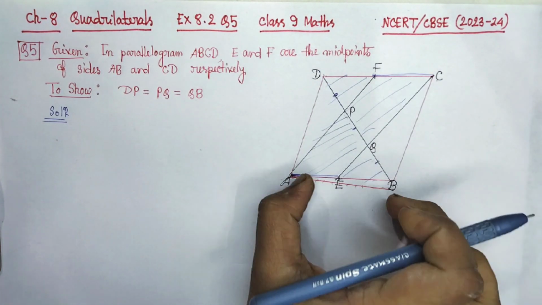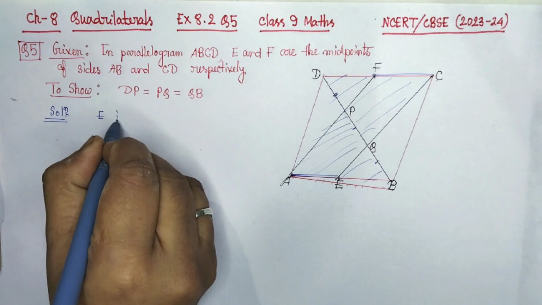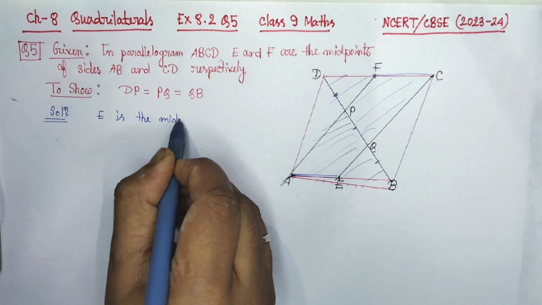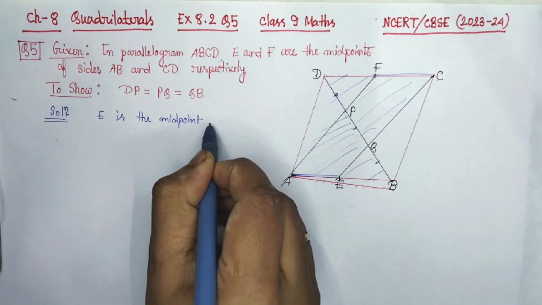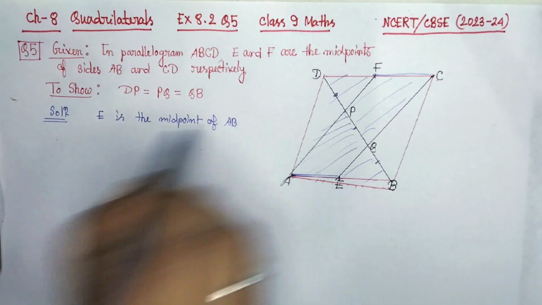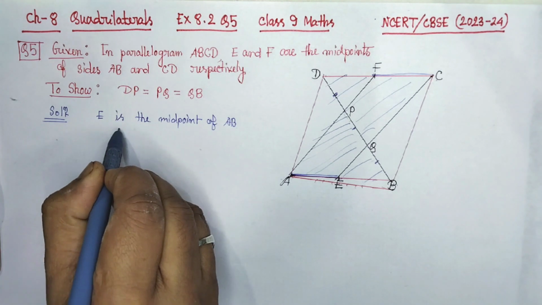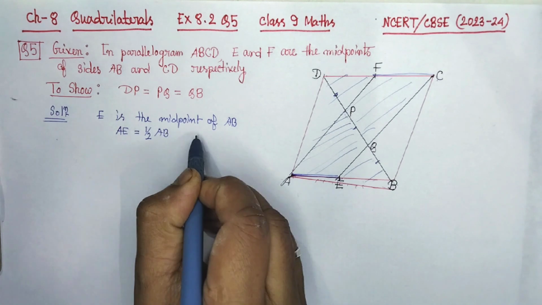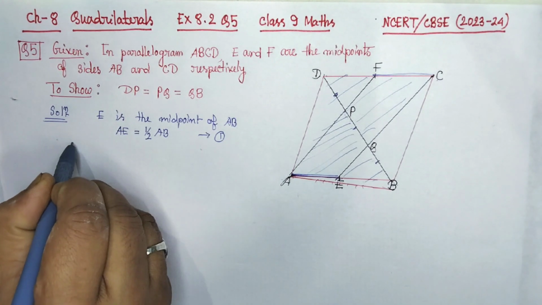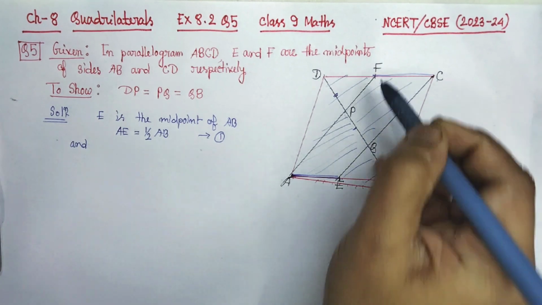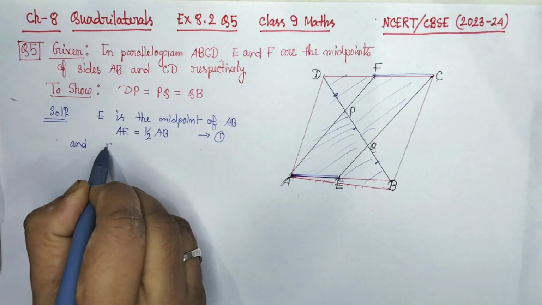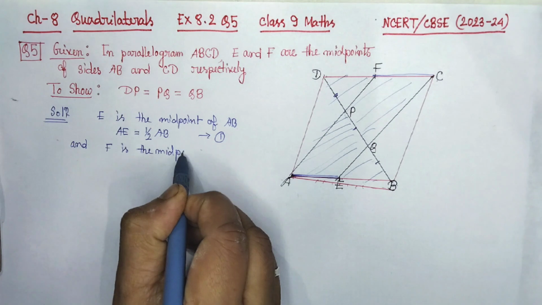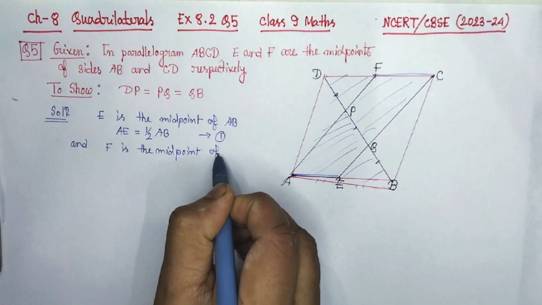Here E is the midpoint of AB. That means AE equals half of AB. This is equation number 1. And F is the midpoint of CD.